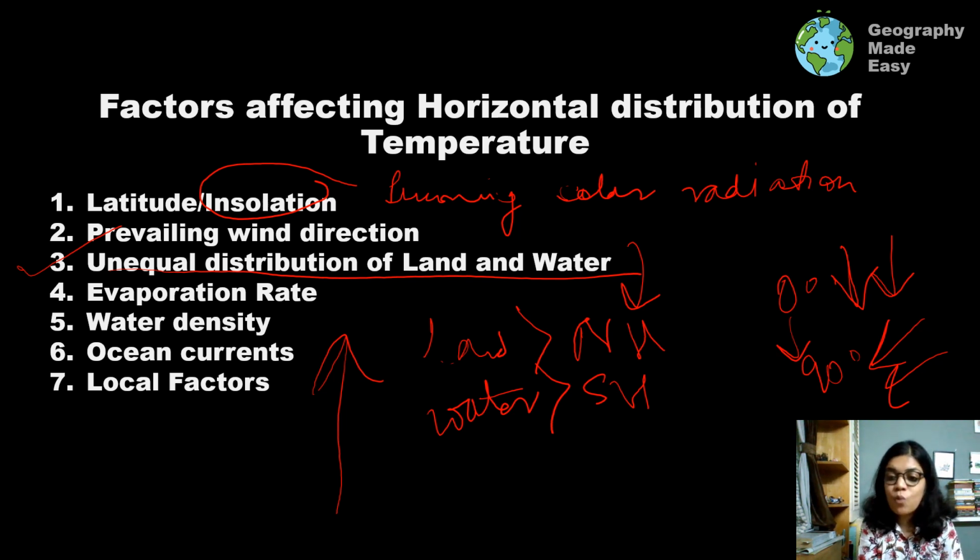Next, we have water density. We know that different seas and oceans have different water density, and the water density in this case is dependent on the number of soluble minerals present in the particular sea or ocean.